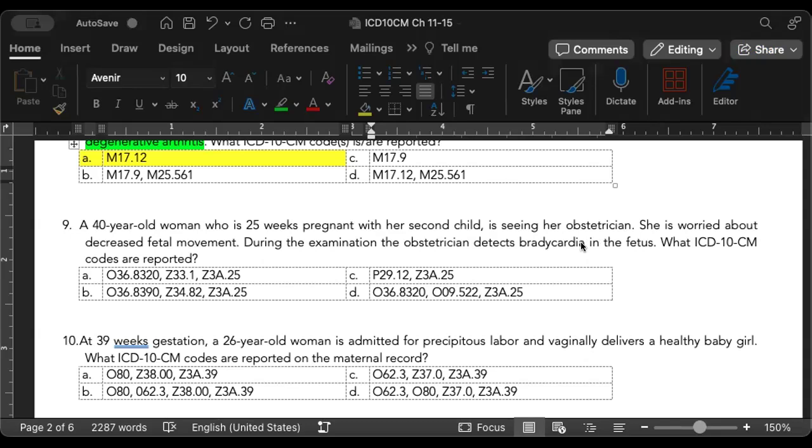So what code does that give us so far that we need to further expand in the alphabetic index or in the tabular? O36.83. Yep. Perfect. So let's go back to O36.83.